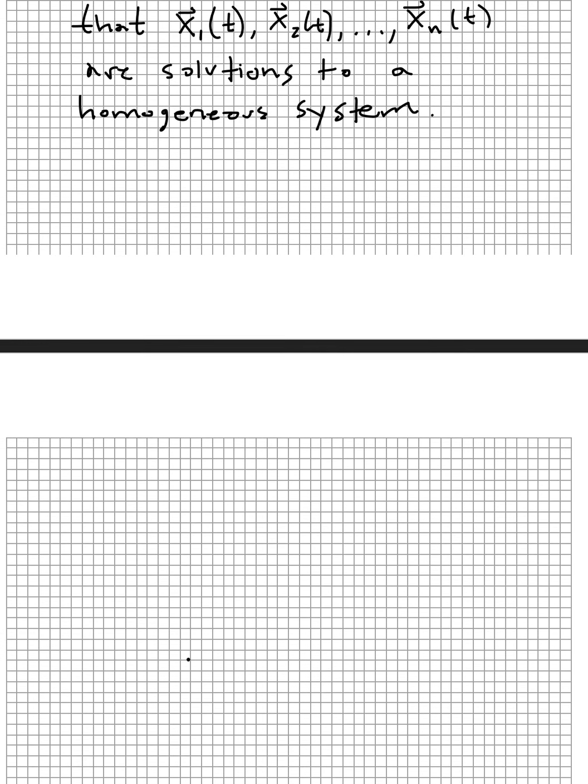Now that's true. Let's go ahead and define the following. We have some other matrix, which I'll call X, which holds the vector of unknowns here.